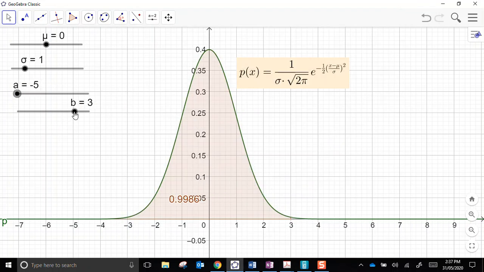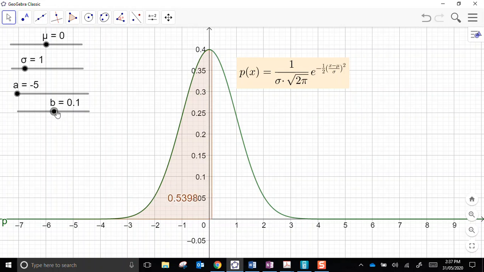So a Z-score of 0. Now, when they did these tables, the lower limit was always, I've set mine at -5, which is close enough to the edge of the distribution, and the upper limit of 0, so that's the Z-score of 0, 0.5 of the graph has occurred to there.